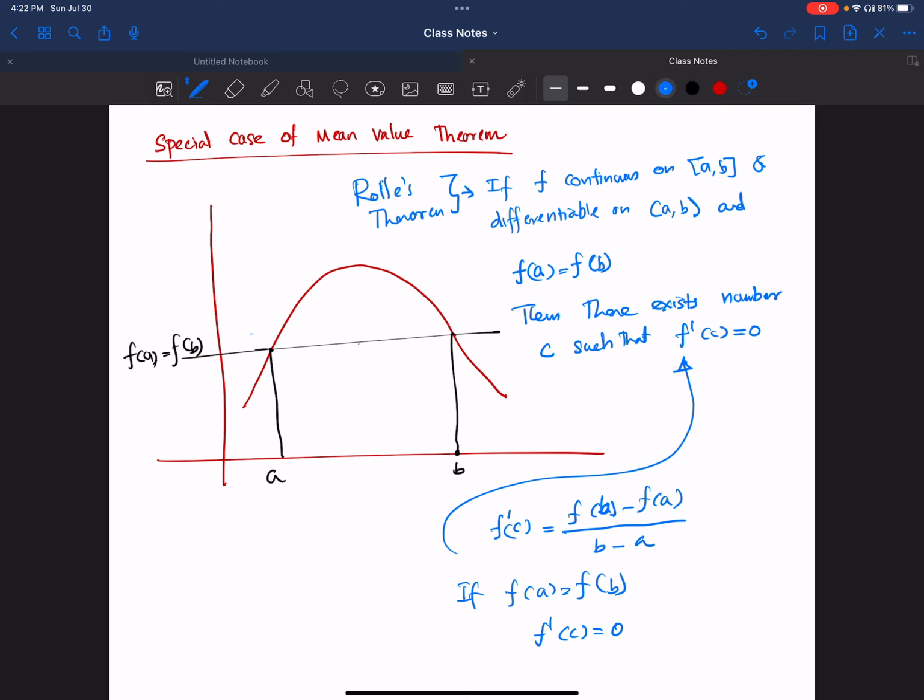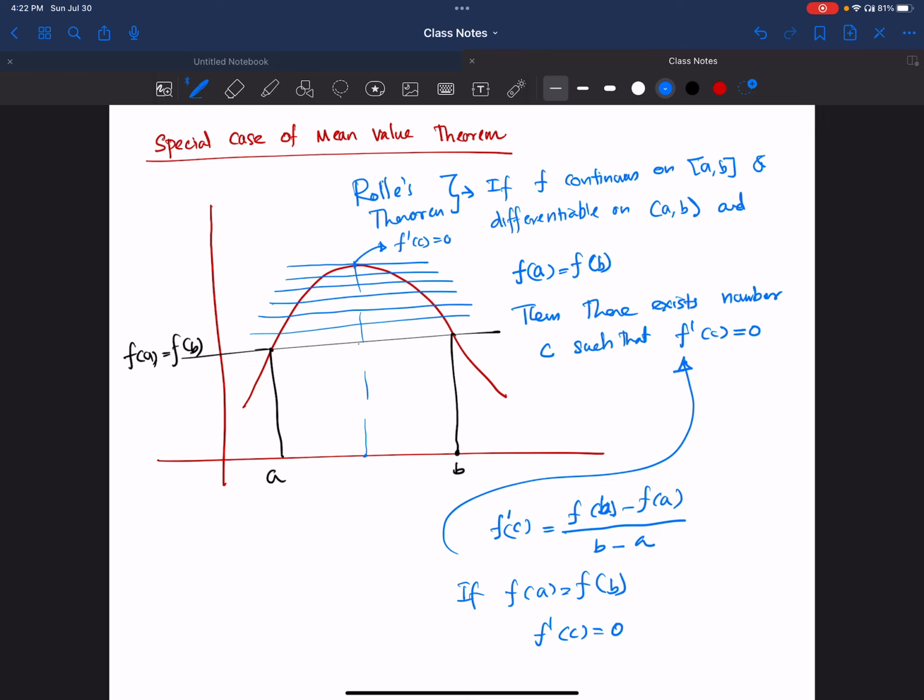According to the mean value theorem, you can draw parallel lines to this secant line through f(a) and f(b), and at some point it would become tangent to the curve. And at that point, f prime of c equals 0. That's Rolle's theorem, a special case of the mean value theorem.